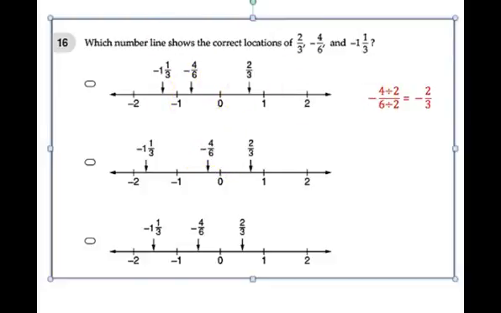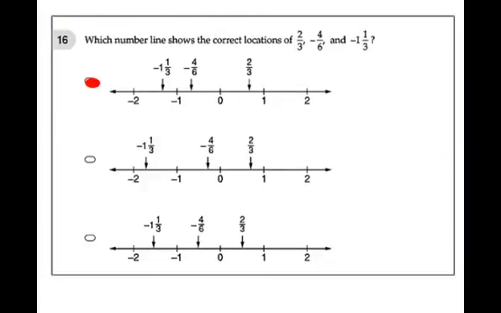So the first one is correct. Okay, so this is incorrect, this one here, and this one is also incorrect because negative 1 1/3 is actually where I'm pointing to right there. It's where this one is.